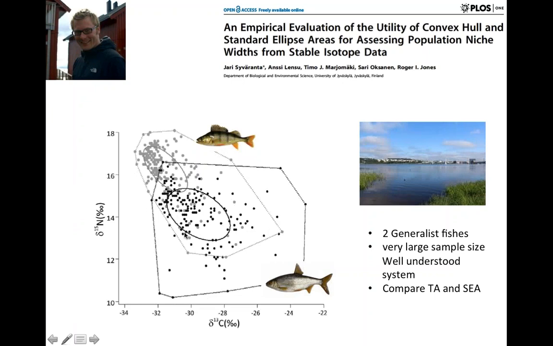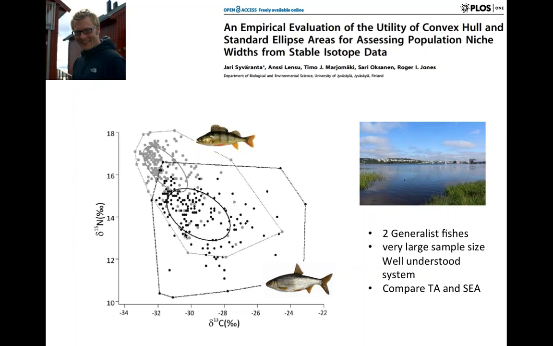So one of the good things about doing your PhD and then your postdoc with your own isotope lab is that you generate a lot of data. So over a number of years, he already had run hundreds and hundreds of these roach and perch samples. So he had a really good data set to say what happens if you increase your sample size from a very, very small number to a number in excess of anything most people doing stable isotope studies are ever going to have to handle.